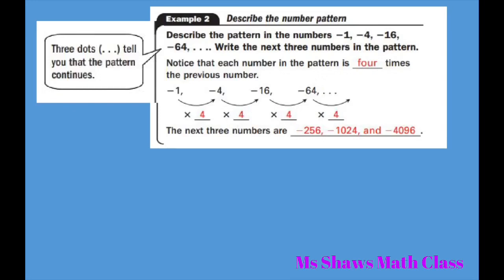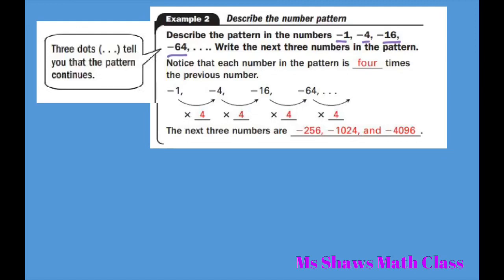Here's another thing that we're going to look for inductively. We have a pattern, -1, -4, -16, -4, and we need to write the next 3 numbers in the pattern. So what we notice is that each number in the pattern is 4 times the previous number.